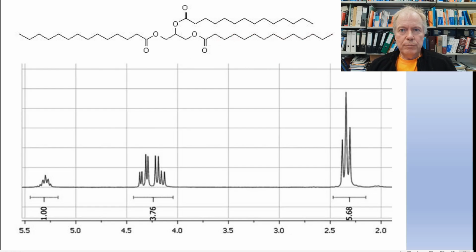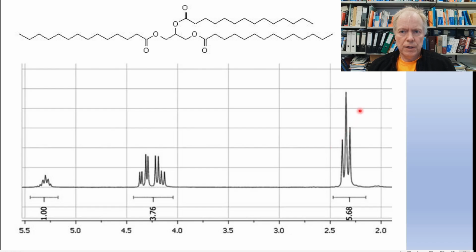The main part of the long chains have the signals at higher field than 2 ppm, at around 1 to 1.5 ppm. Here is the diagnostic region of the proton NMR, and the first signal we will see here is that signal of around 6 hydrogens, which looks like a triplet.